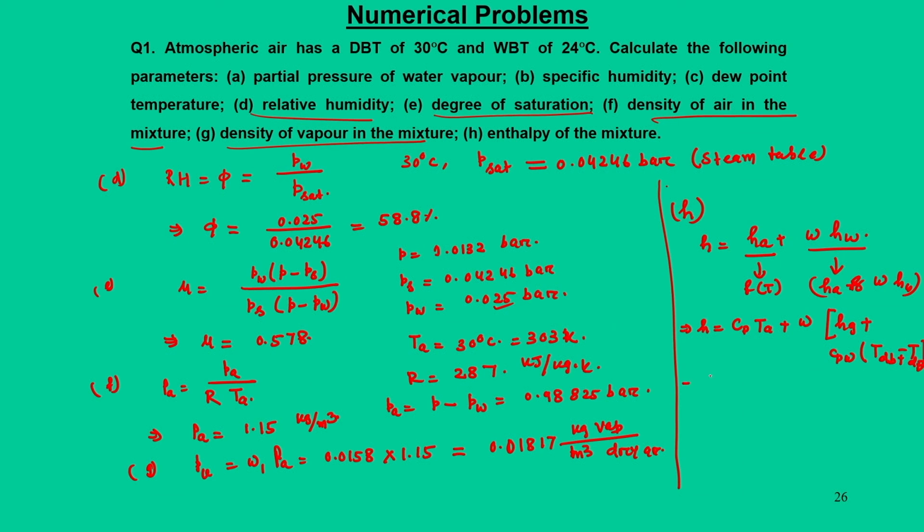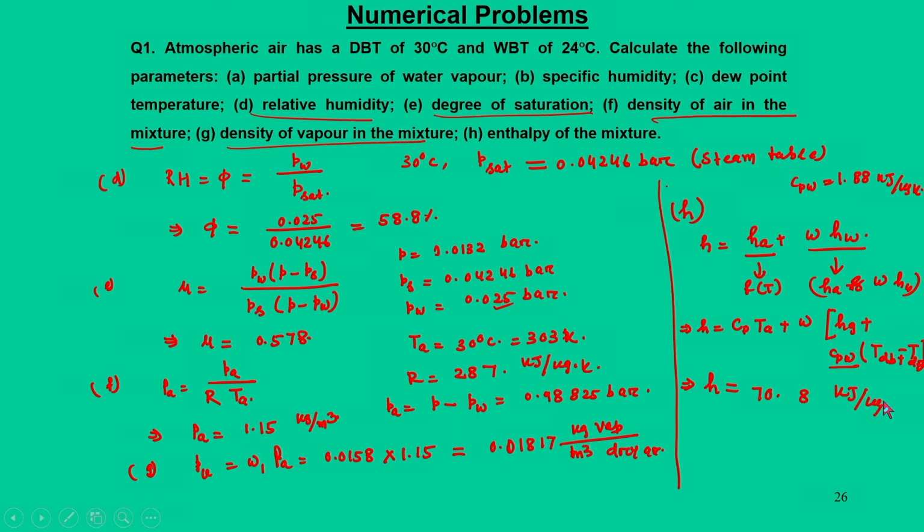So, when you put all these values there, Cp for air and Cpw for water, Cpw is 1.88 kilojoule per kg Kelvin. So, from this, when you put it, we will get enthalpy as 70.8 kilojoule per kg.